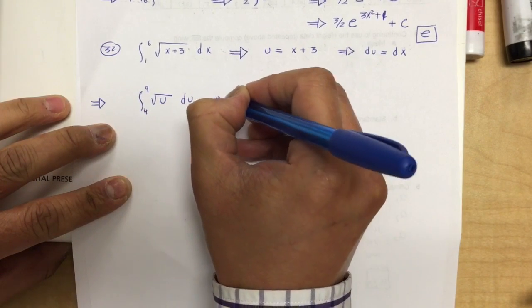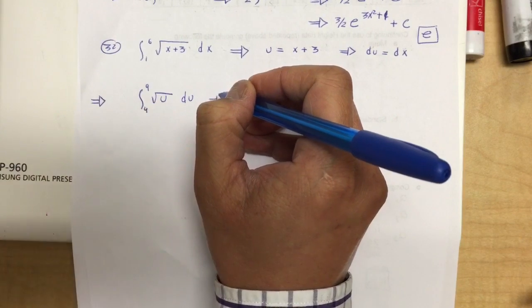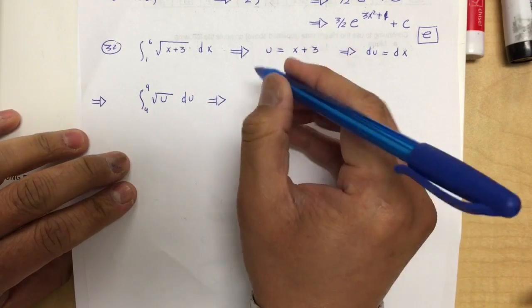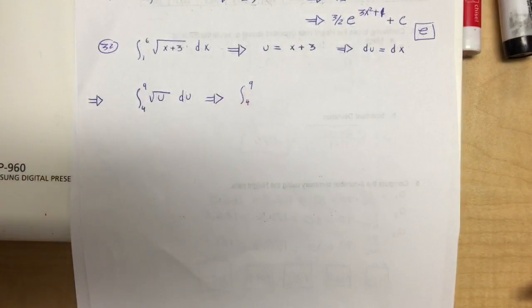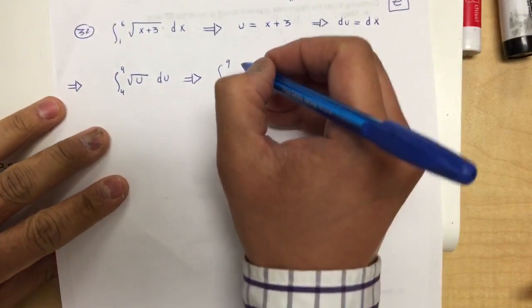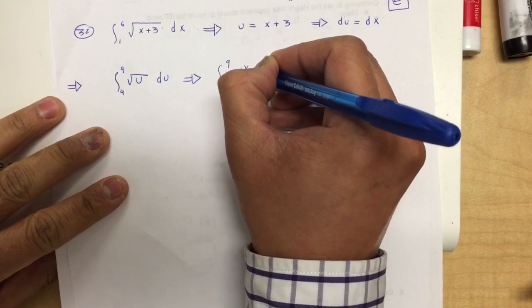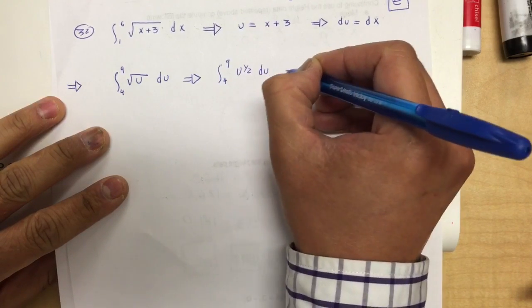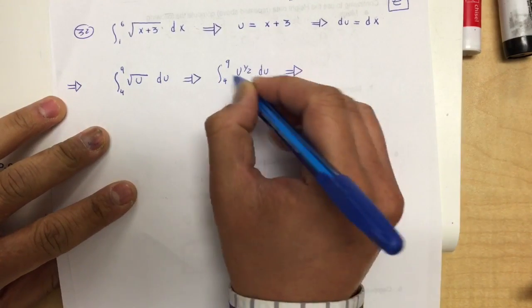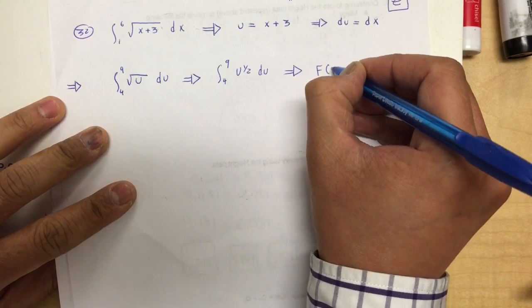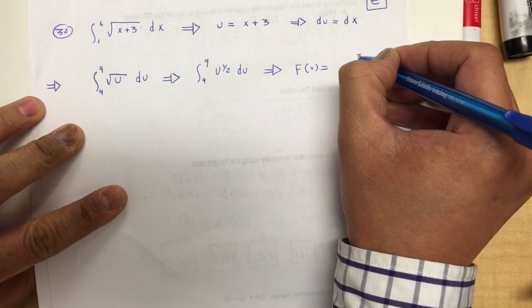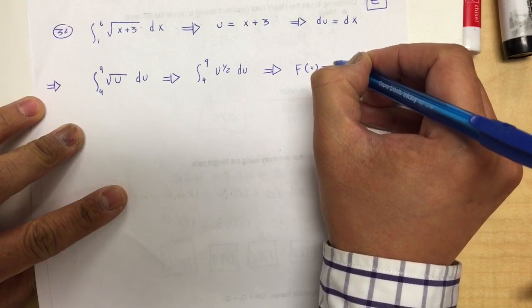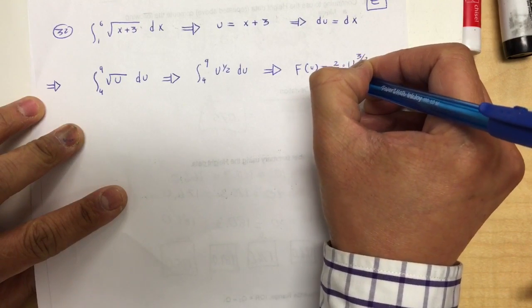And now we need to find the antiderivative of u to the 1/2 du, which is u to the 3 over 2, and then we also multiply it by 2 over 3.